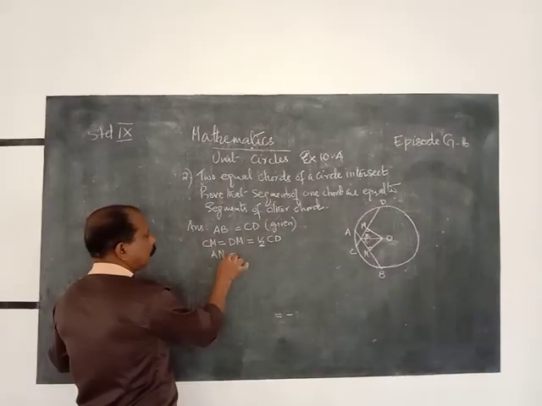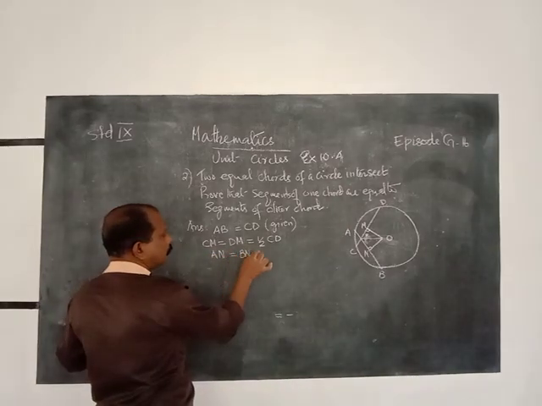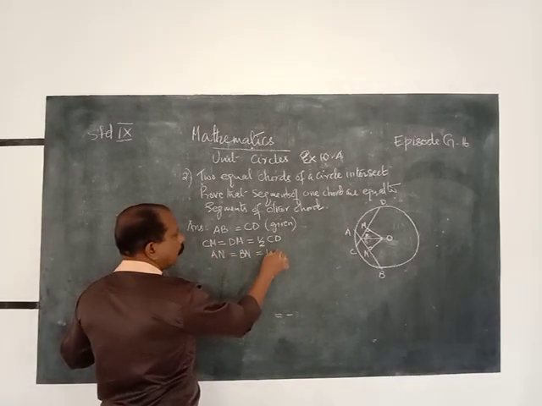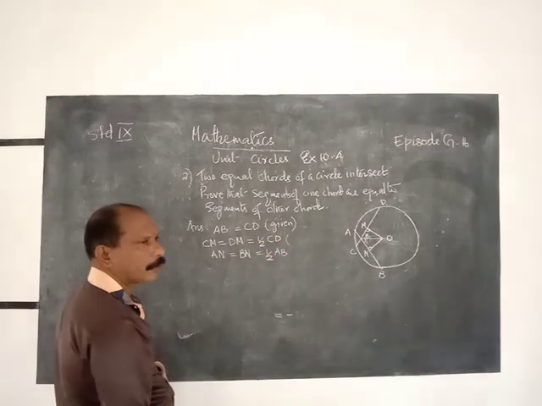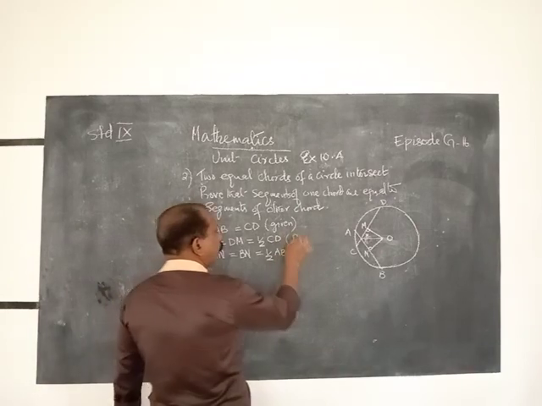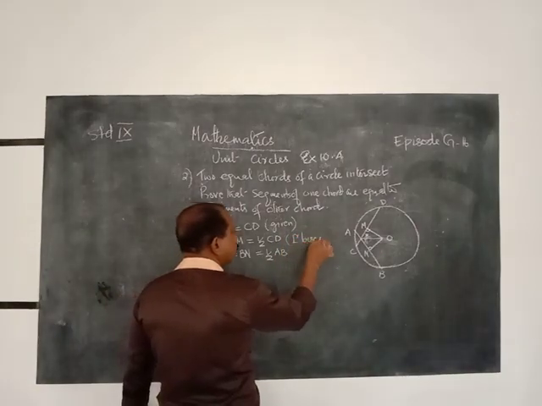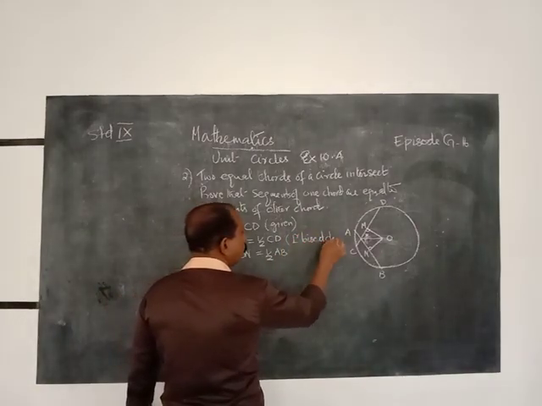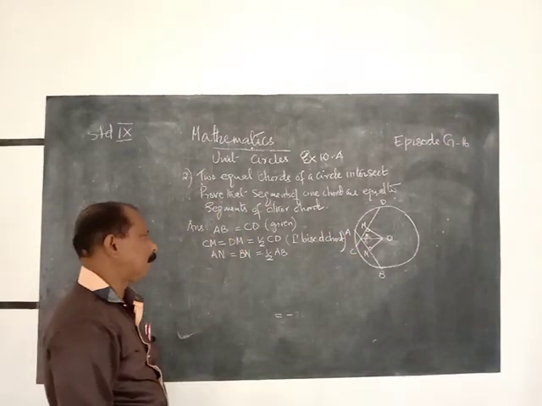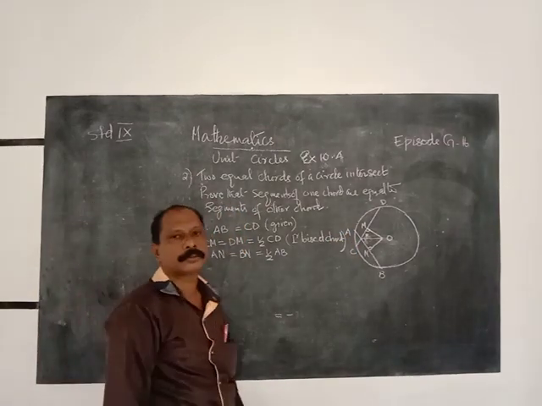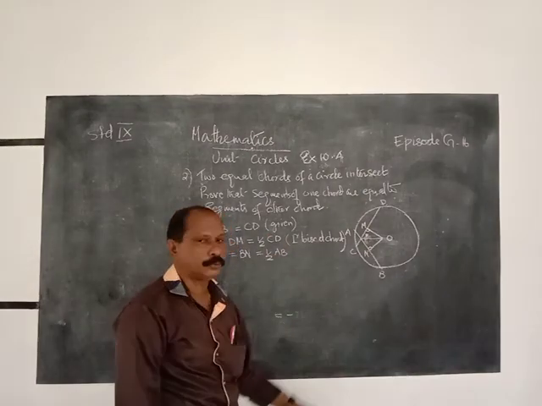AN is equal to BN is equal to half AB. That means a perpendicular from the center bisects the chord. That is a theorem. Perpendicular from center bisecting chord. That's the reason for that.